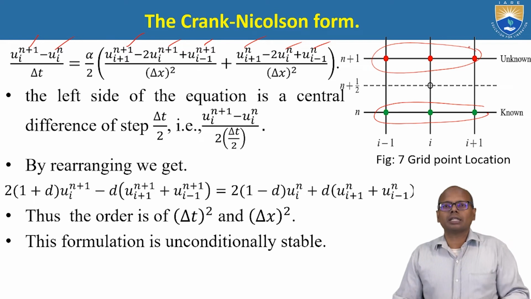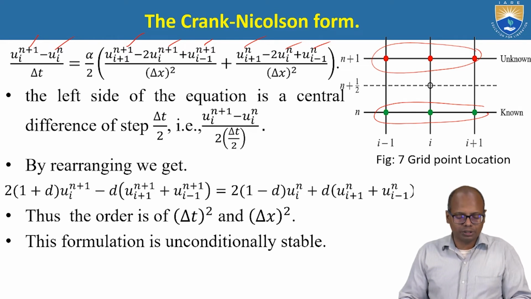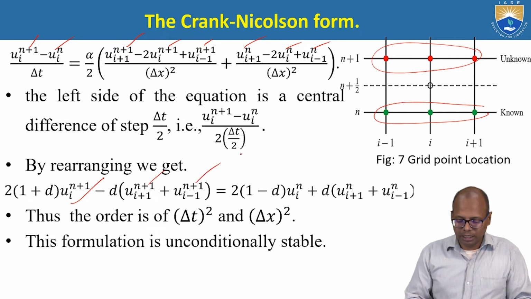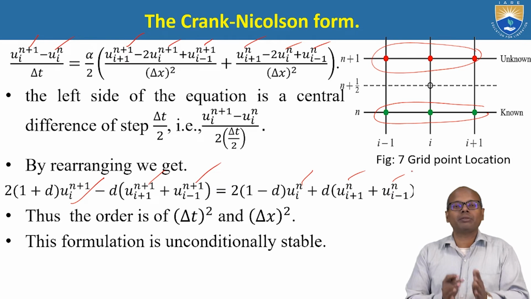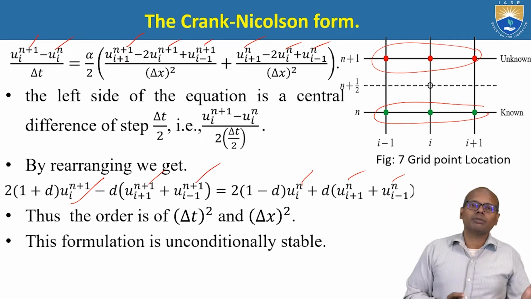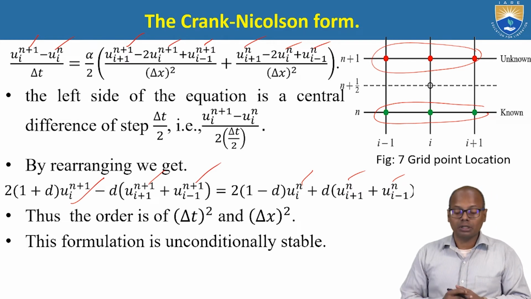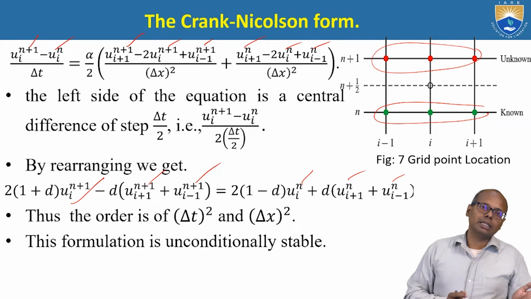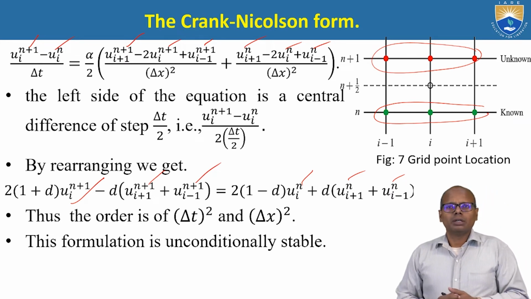This is unknown, this is unknown, this is unknown, and this is a known value, known value, known value. So previously I had one known value and I was finding the values of 3 unknowns. Now here I have 3 known values as well as 3 unknown values.